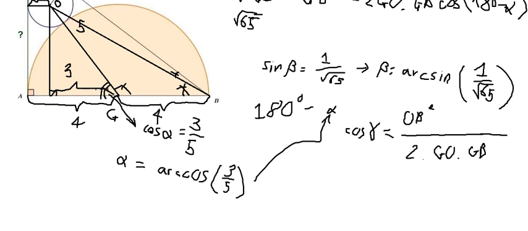Oh no, that's not G. That should be GP multiplied with OB. So on the numerator, we need to have OB square plus GP square minus OG square.